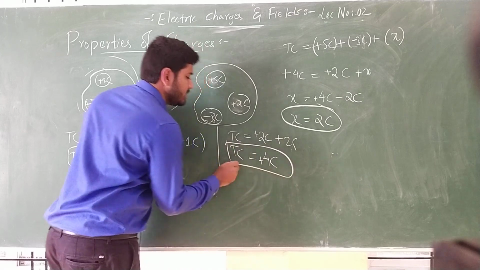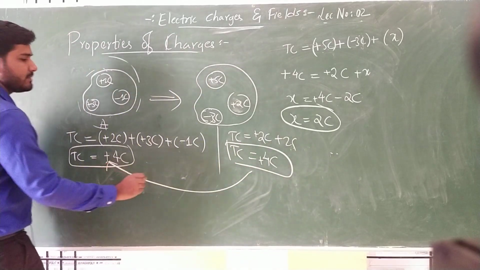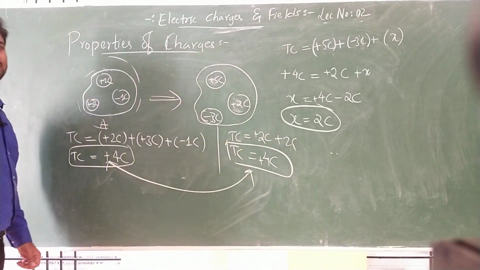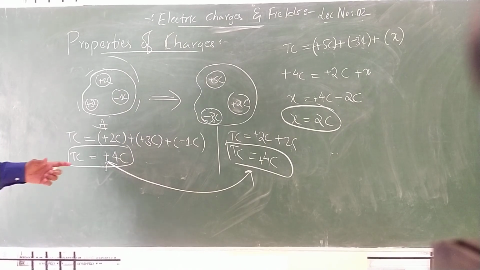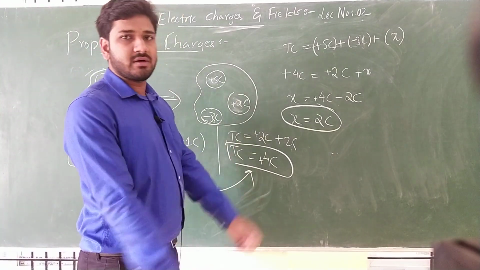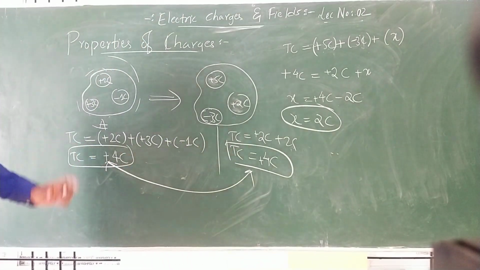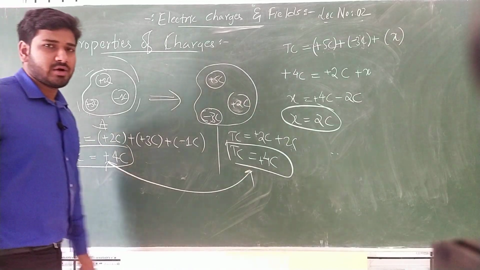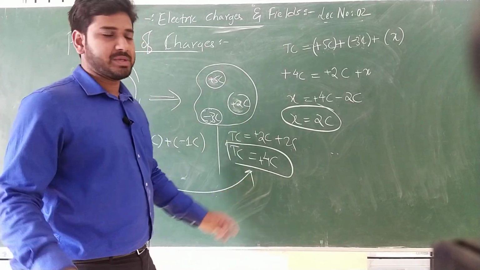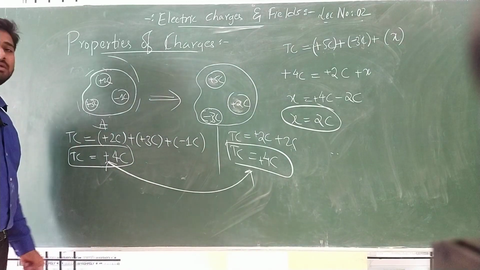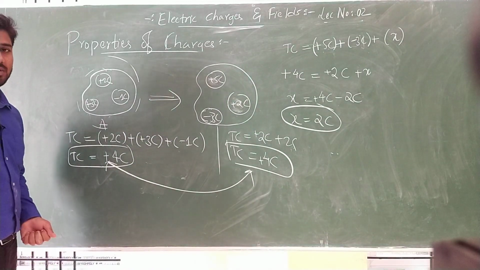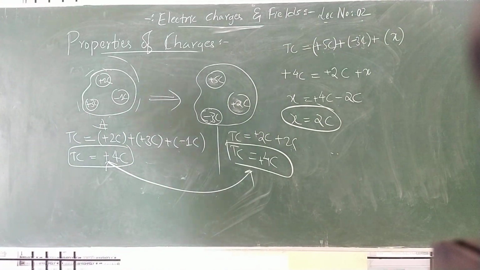Now if you see, the total charge of an isolated system is the same whatever you do on it; the net charge will be constant. So this is the conservation of charge. I hope you understood this. Now we see the next property of charge.